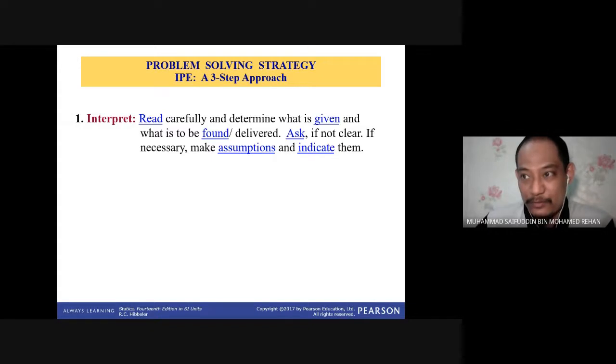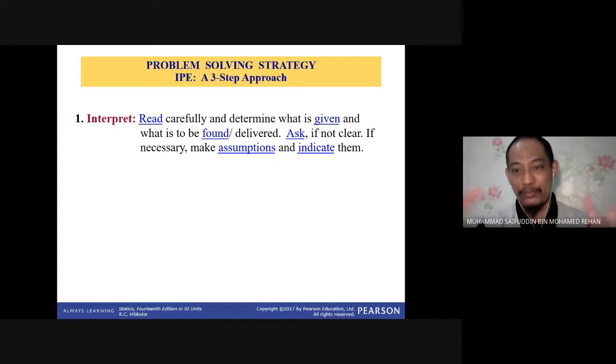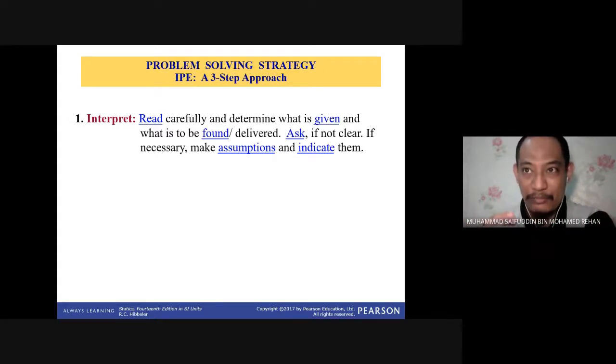In terms of a student, basically read carefully and determine what is given and what is to be found. Ask if not clear, and if necessary, make assumptions and indicate them. Obviously, this is in terms of studying. But in the real world, normally the problem you cannot read. You have to observe: oh, this is the problem. And you have to be clear, okay, this is known, and this is what we need to calculate.